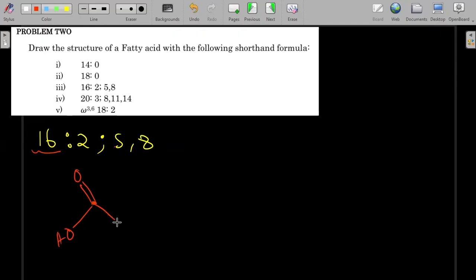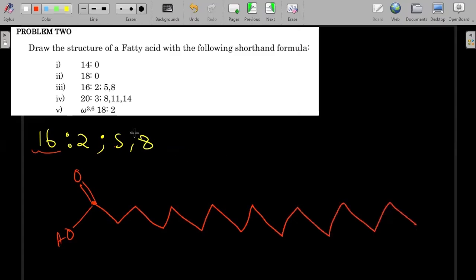So 1 there, 2, 3, 4, 5, 6, 7, 8, 9, 10, 11, 12, 13, 14, 15, 16. So we have 16.